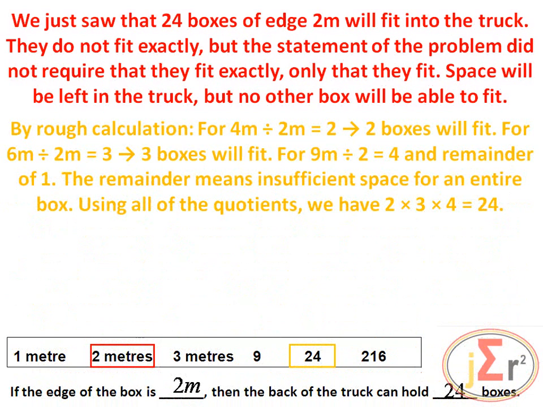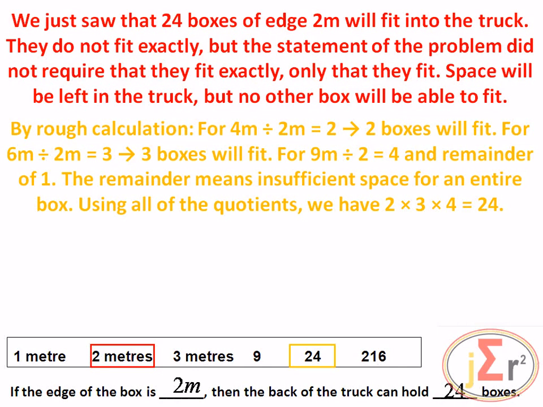By rough calculation, 4 meter divided by 2 meters is equal to 2 boxes. 6 meters divided by 2 meters is equal to 3 boxes. 9 meters divided by 2 is equal to 4, and the remainder of 1. The remainder means insufficient space for an entire box.